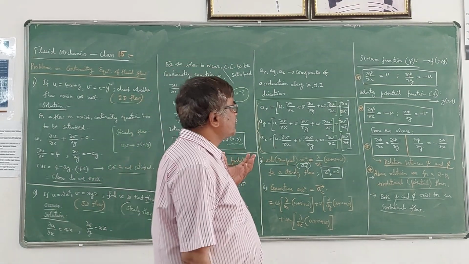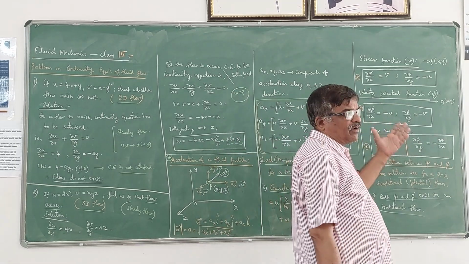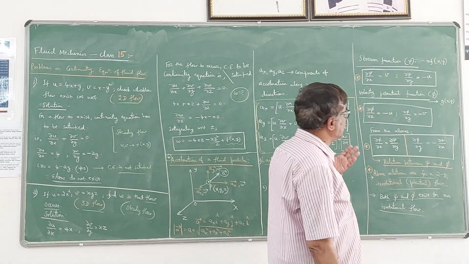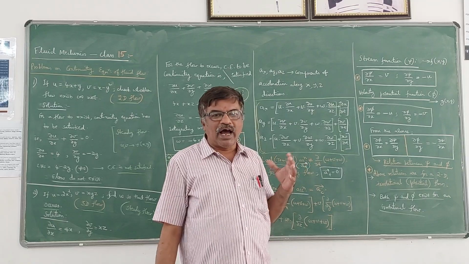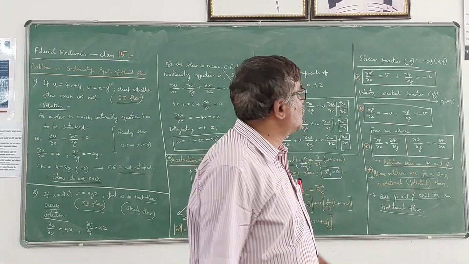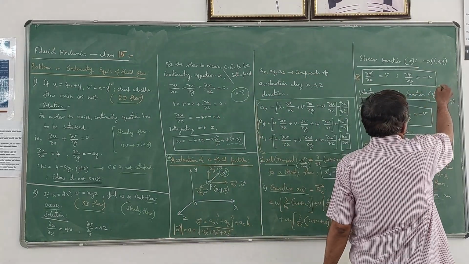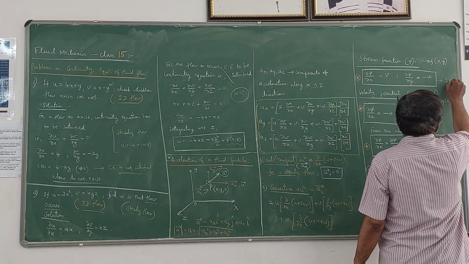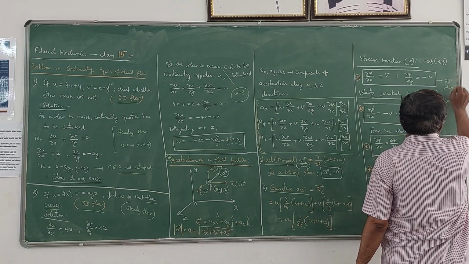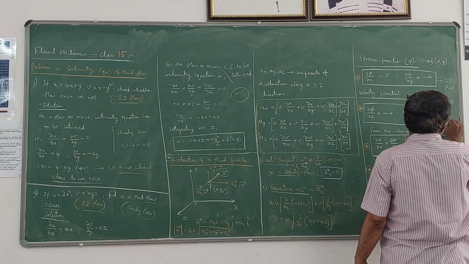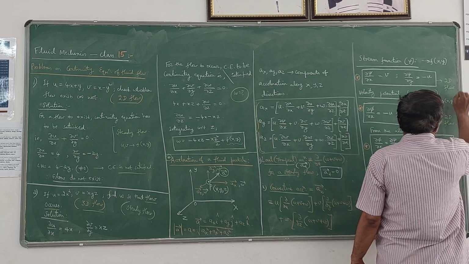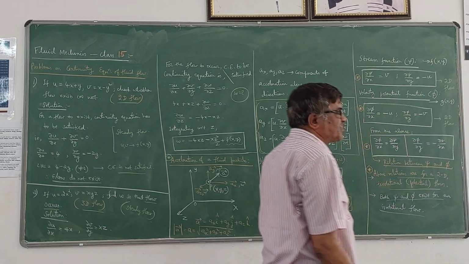To define the stream function and the velocity potential function, psi and phi, we can use a two-dimensional flow. Whatever I have defined here is for a two-dimensional flow. You can observe here that mathematically I have represented the expressions for psi and phi.